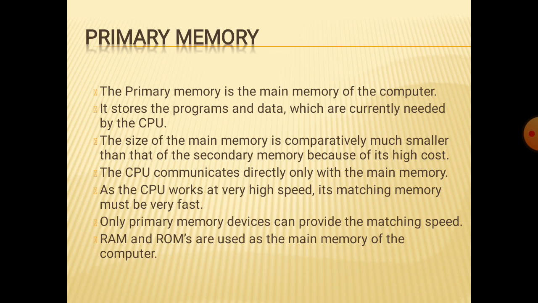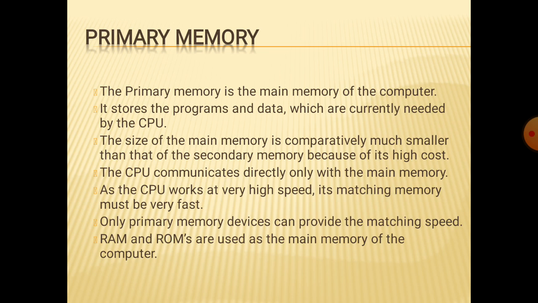The first one we have is primary memory. The primary memory is also called the main memory of the computer because it is the main memory. All the calculations and data needed for your CPU are stored in primary memory.